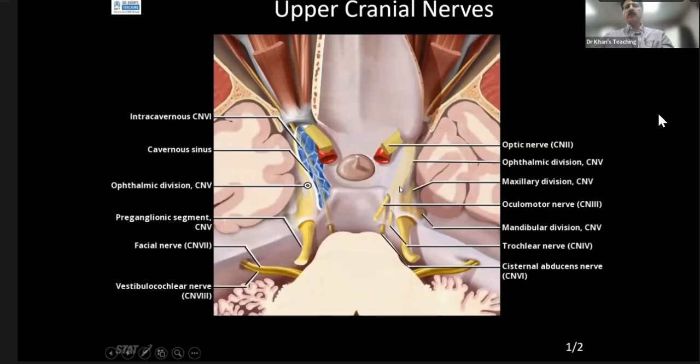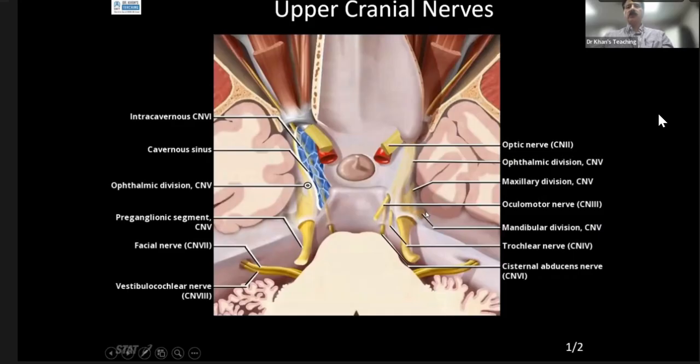V1, which is the ophthalmic branch, and then the maxillary branch, V2, and V3. V1 and V2, remember, they go into the cavernous sinus. V3 is a favorite in the exam because it goes through the foramen ovale and goes into the masticator space.